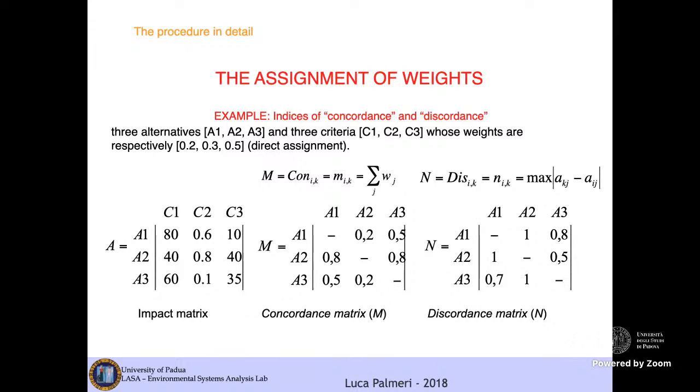We have three alternatives, A1, A2, A3, and we compare these three alternatives through three criteria, C1, C2, C3. Those weights are then respectively 0.2, 0.3, and 0.5. So we weight the third criterion much more than the first two. The impact matrix, or the evaluation matrix, is this first one.